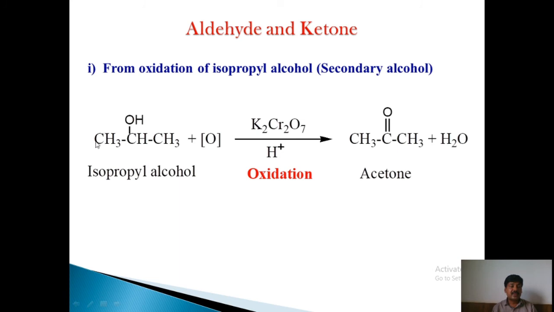This is your secondary alcohol; I told you already what a secondary alcohol is. See, in the oxidation of isopropyl alcohol with potassium dichromate, K2Cr2O7, as the oxidizing agent in the presence of acid, we produce our target compound, that is acetone.